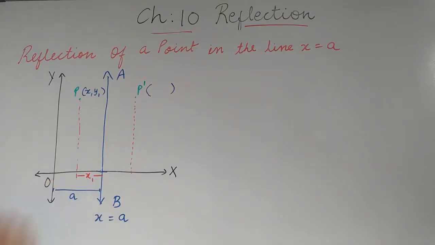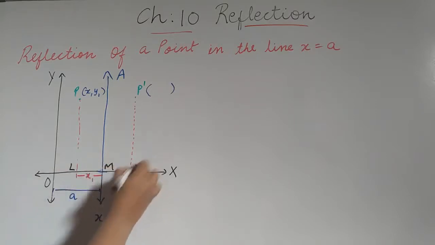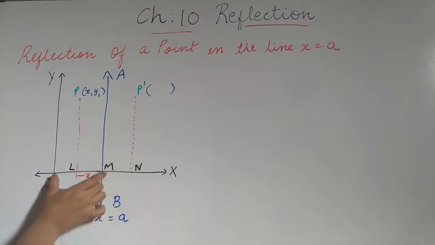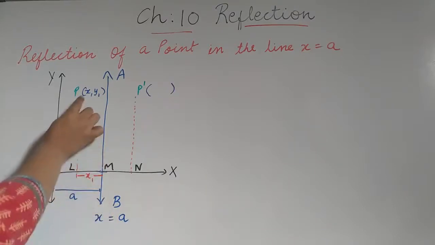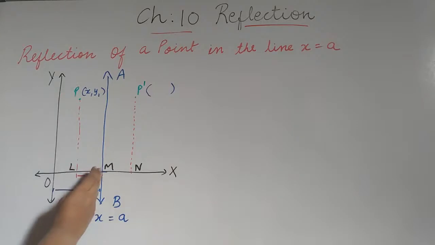Let me write some names here so that it will be more clear to you. Let us take L, M and N. These are the points I am writing. So this OM distance is a. The OL distance is x1, because this point P has coordinates x1, y1, so its distance on the x-axis is x1.